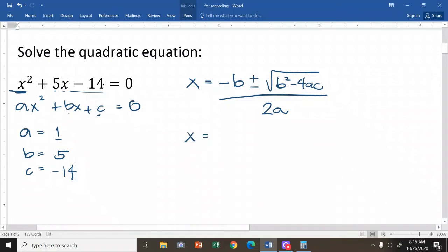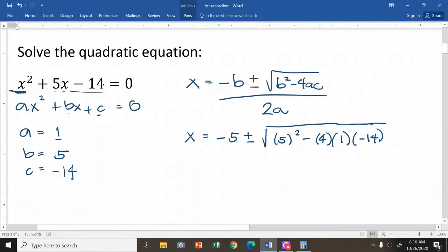It's 5. So susulat natin to as negative 5 plus minus square root of 5 squared minus 4 times a. Ang a natin is 1. And then, ang value ng c natin is negative 14. This one is over 2, and then value ng a natin is 1.